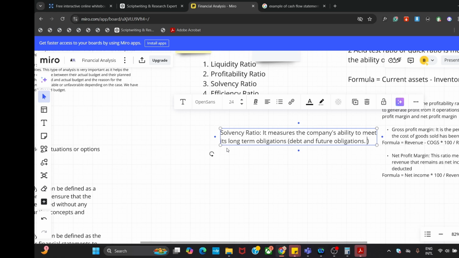One thing you need to know is that this ratio is subdivided into two: the debt to equity ratio and the interest coverage ratio.